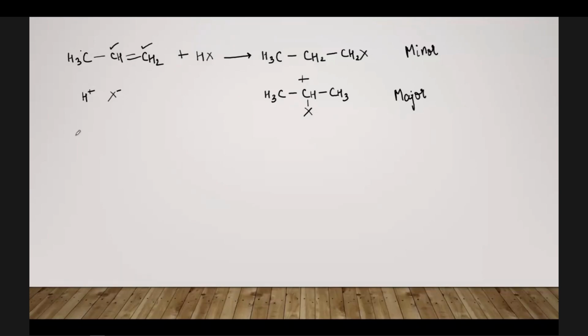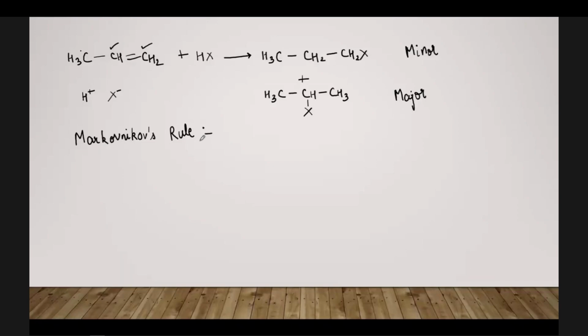The name is a little bit awkward. We have described the mechanism behind it in the form of a rule. This rule helps us understand to which carbon the hydrogen will get attached and to which carbon the halogen will get attached.